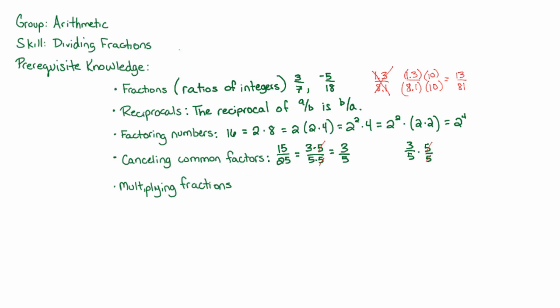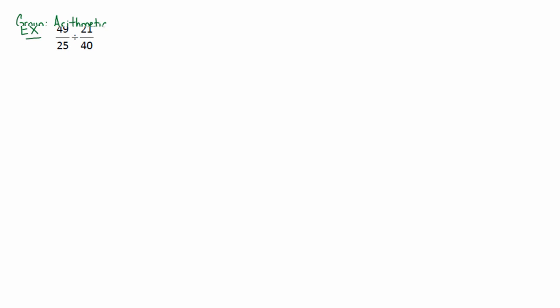Finally, to multiply two fractions, a over b times c over d, you just multiply numerators and denominators. Now this is the prerequisite skill set for dividing fractions. So let's go ahead and try a dividing fraction example. 49 25ths divided by 21 40ths.